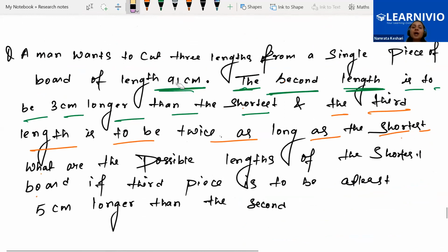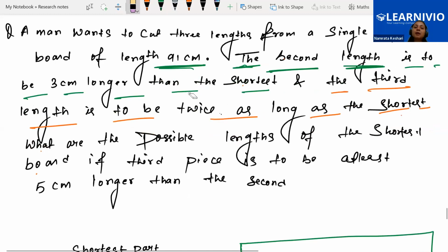We went to market with 91 rupees. Now the chances are we have spent everything we were having, or we are coming home with the remaining amount. So we have spent the total board, that is 91 centimeter, or maybe less than that.